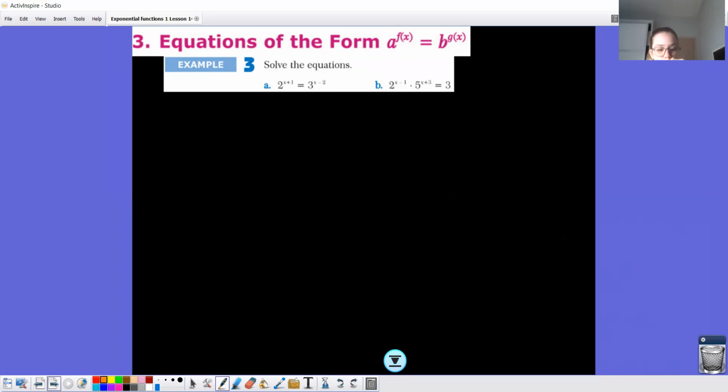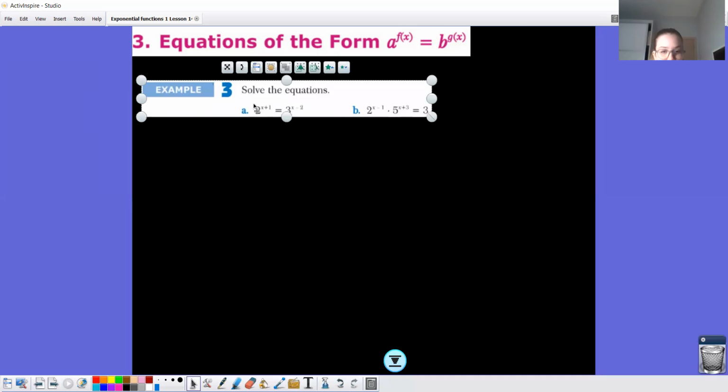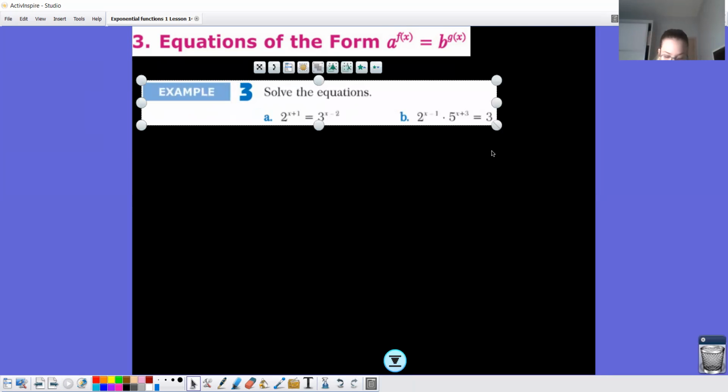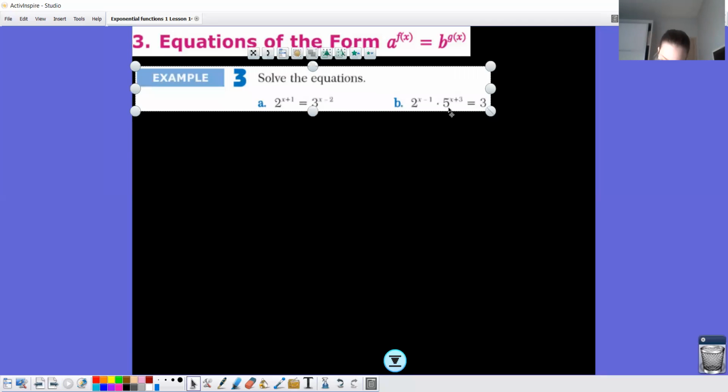When you have different bases, different powers, what will we do in this case? We will not equalize to 0. We'll have something different.